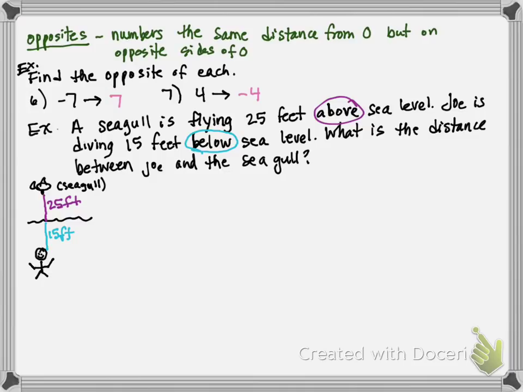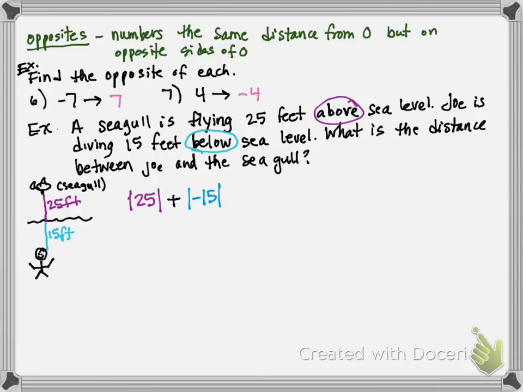So we would say the seagull is 25 feet above, and I want to know absolutely how far above that is, so I'm just going to do absolute value. And if I want to know the distance between them, I would have to add them together. And then to represent below sea level, I would say -15, okay?